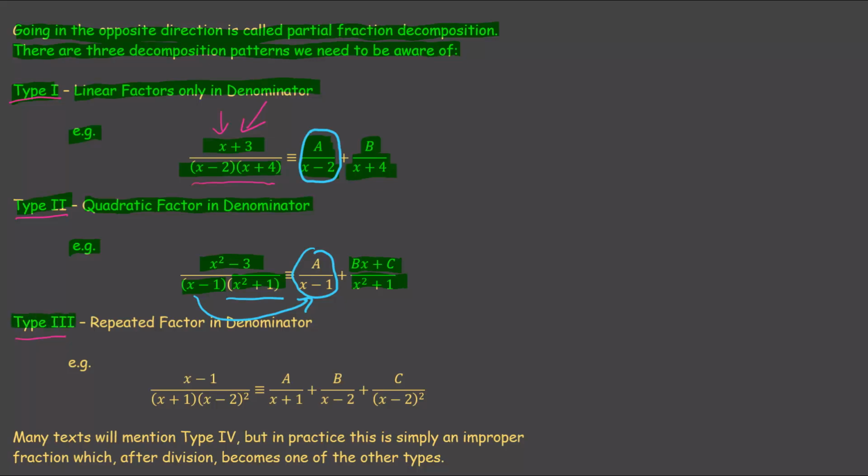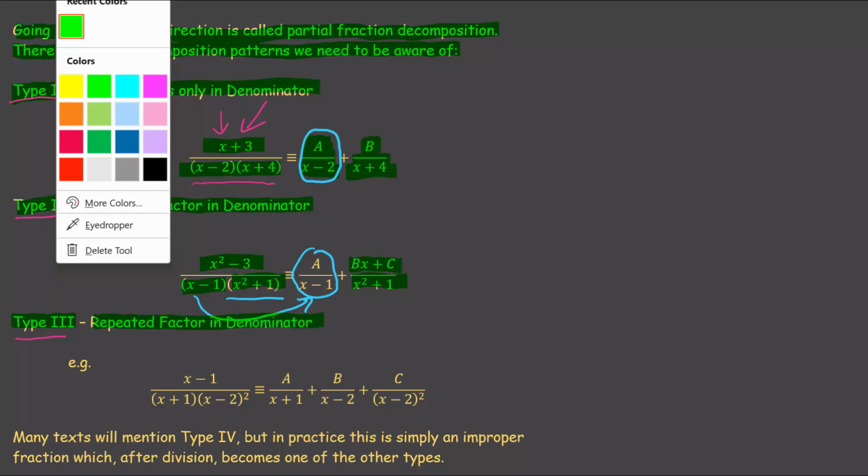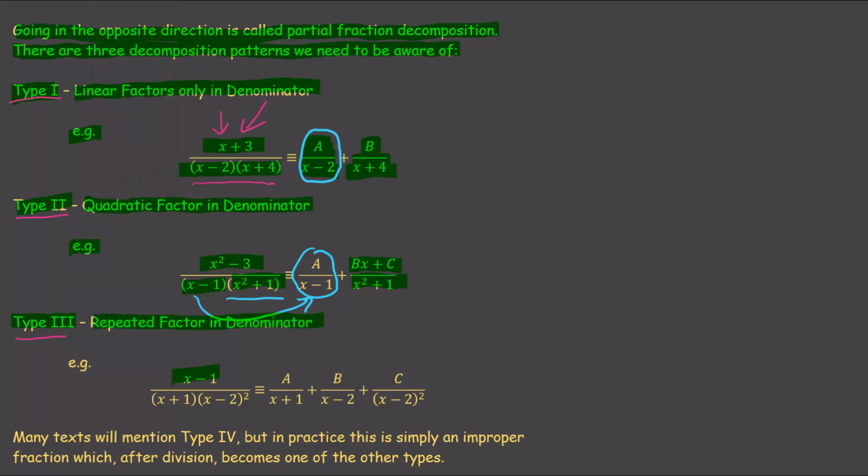Type 3 is where we have a repeated factor in the denominator. And if we look at this example here, x minus 1 over x plus 1, x minus 2 squared, the x minus 2 squared is a repeated factor.